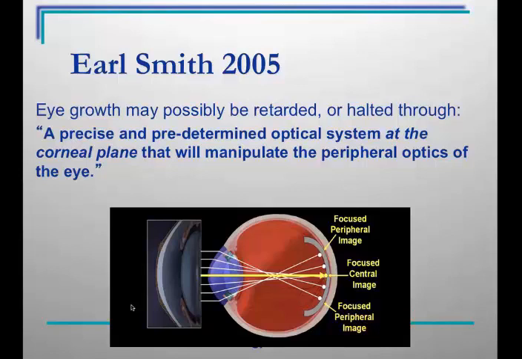And Earl Smith, who's a leading researcher in myopia, first proposed that what corneal reshaping designs tend to do is, instead of having this hyperopic defocused peripheral image as we do with customary soft and GP contact lenses as well as with spectacles, which actually indicates a go sign for eye growth, if you can bring that image in and create a myopic defocus, that essentially is a stop sign for eye growth.